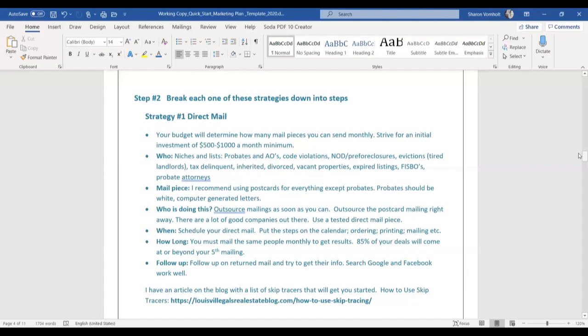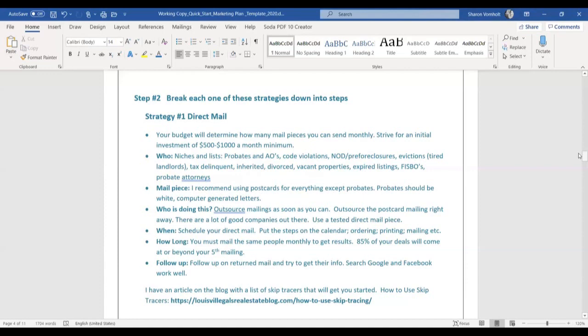So the next piece is when. When are you going to do your mailings? This is something that should definitely be on your calendar. Put it on your calendar and know that if you're using a mail house, you need to allow maybe as much as 7 days up front for them to get the mailing out.